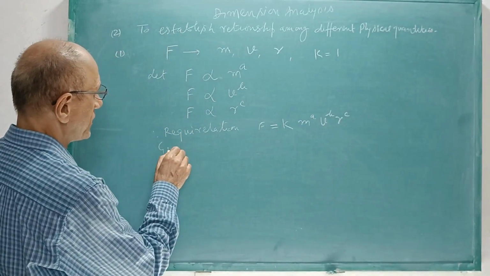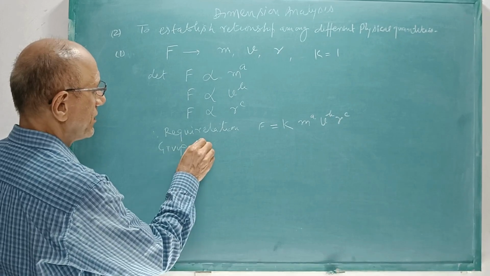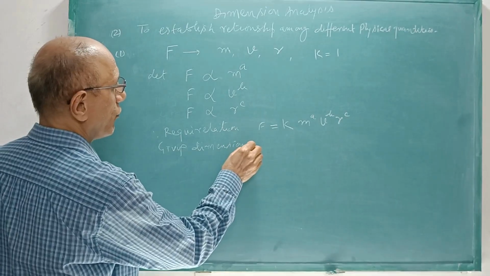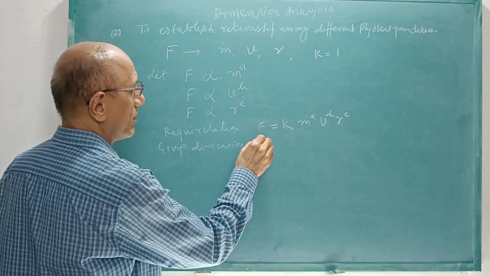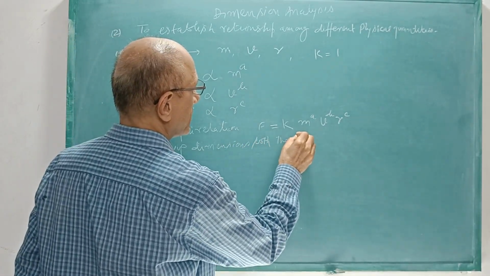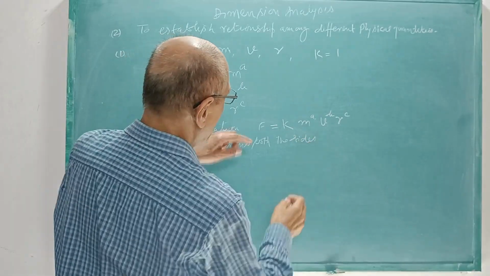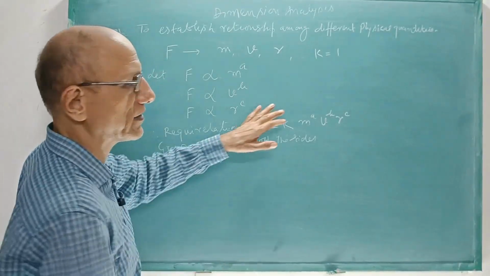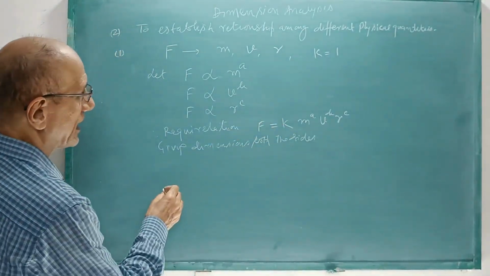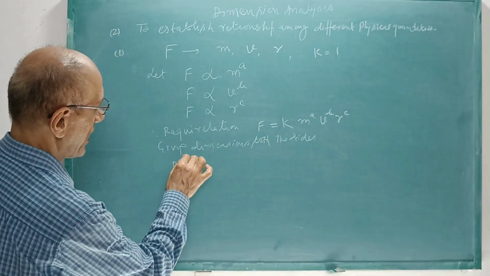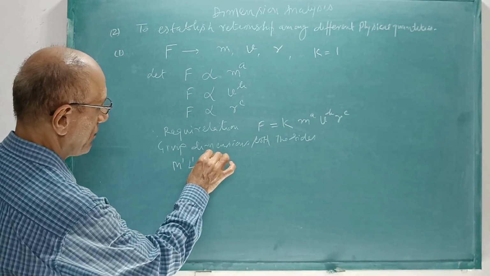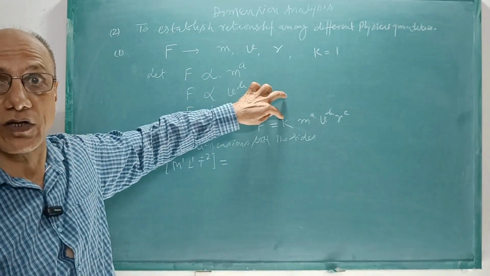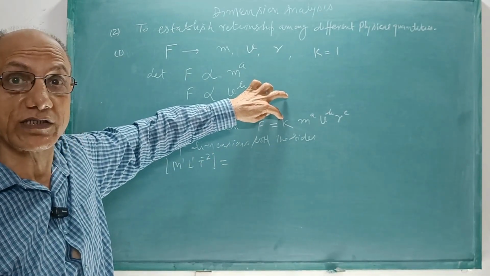Now giving dimensions on both the sides, यानी LHS में भी और RHS में दोनों में हमें डायमेंशंस देना है. So here on the LHS, what is force? M1 L1 T minus 2 equals k, which is a dimensionless proportionality constant, so it is dimensionless.